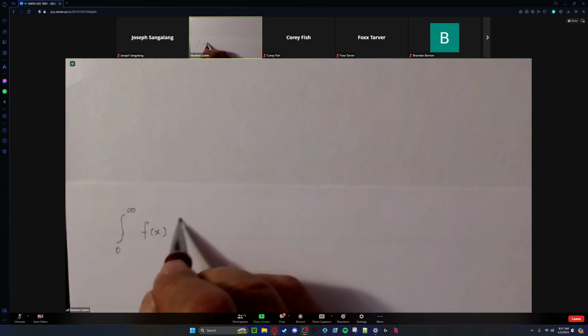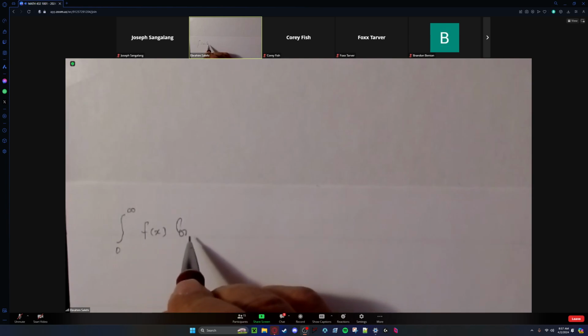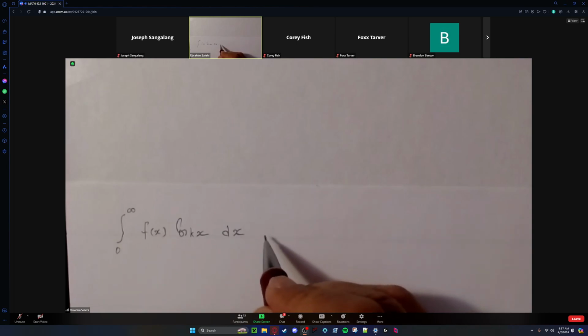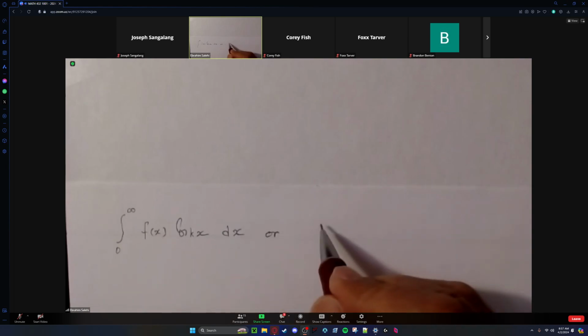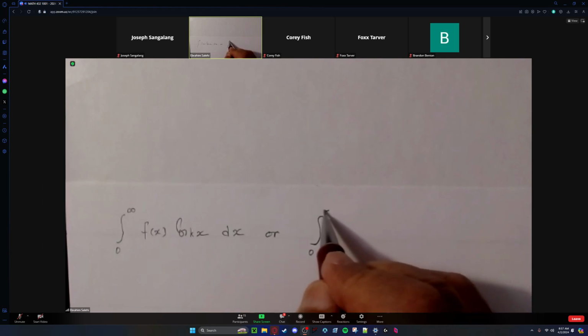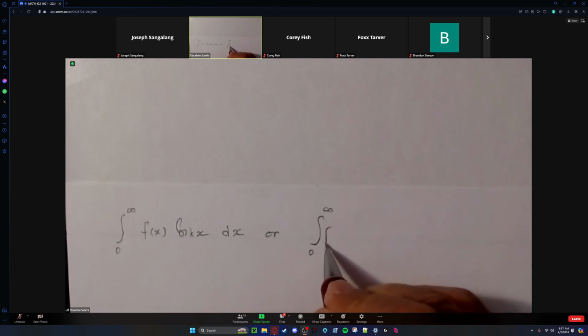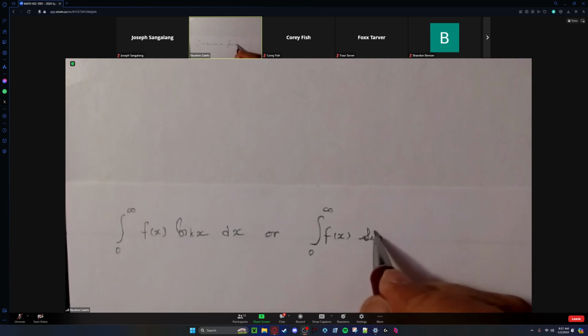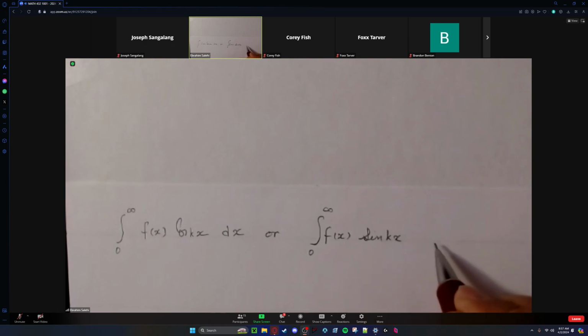Let's say cosine of, for example, kx dx, or it could be sine, 0 to infinity f of x sine of x or 2x or 3x, or in general kx. K is the number, dx.